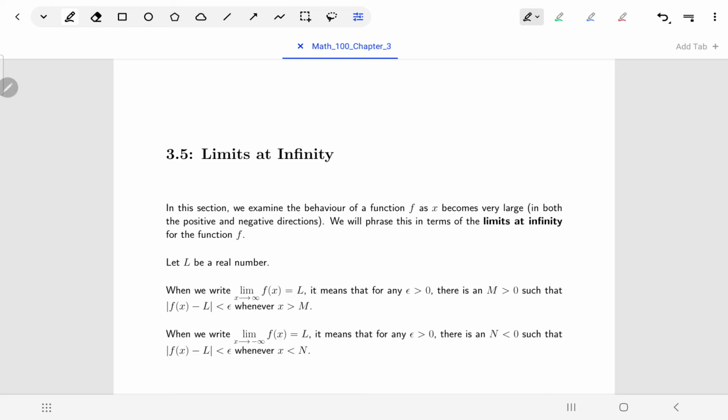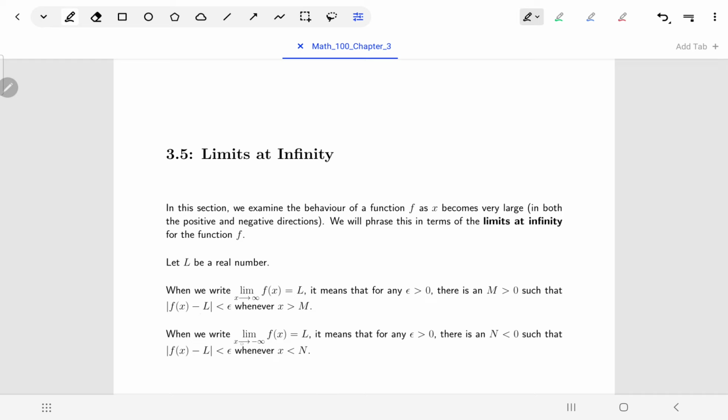So what are these limits at infinity for the function f? If your limit exists, if we have that the limit as we approach infinity is some real number, then it means that however close we'd like to be, so here this is again kind of an epsilon definition of limits, however close we'd like to be to that limit, provided x is far enough to the right, our function will be close enough to that limit.